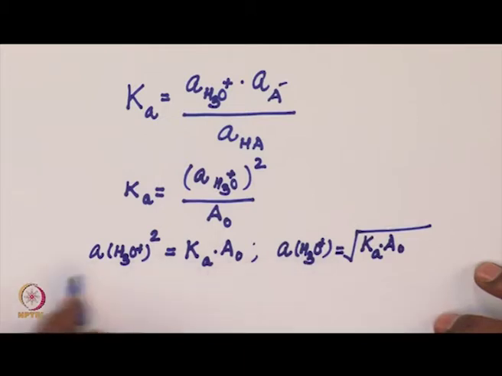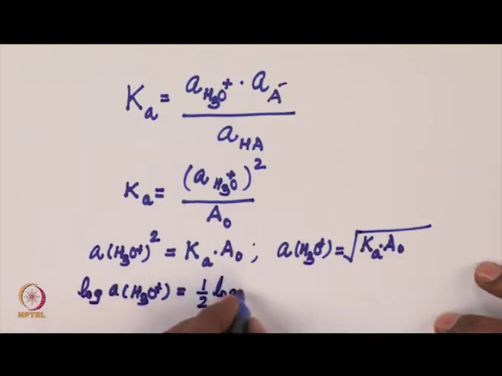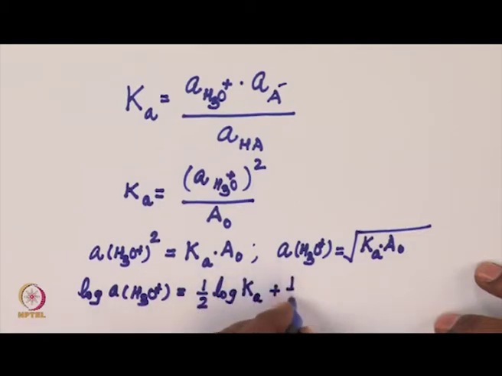And now I can take logarithm, log activity of H3O is equal to half log Ka plus half log A0.